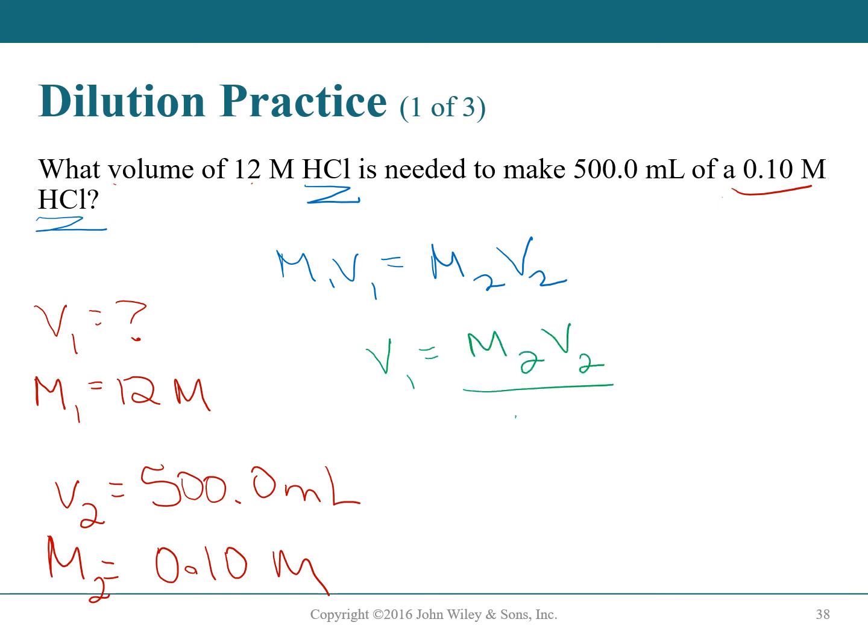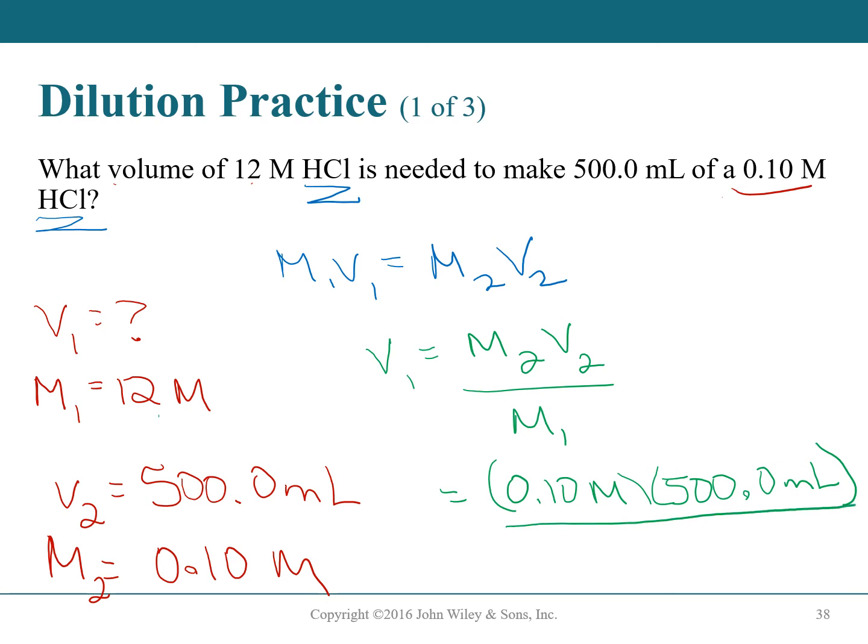It's very similar to doing your gas laws, actually. Now we can plug everything in. M2 is 0.10 molar, V2 was 500 milliliters, and M1 was 12 molar. Notice I didn't do anything with my units, because as long as the units for concentration are the same, and the units for volume are the same, you're set, because my units canceled out.